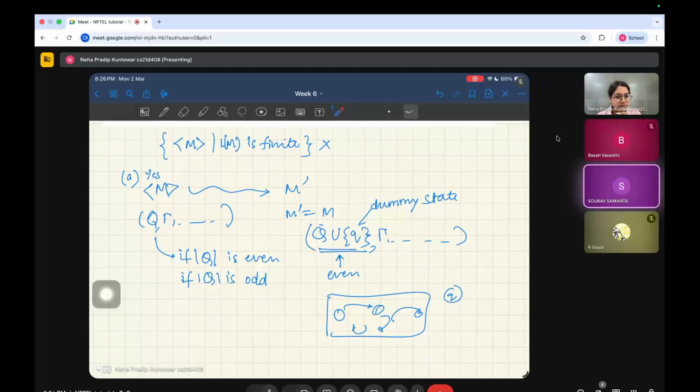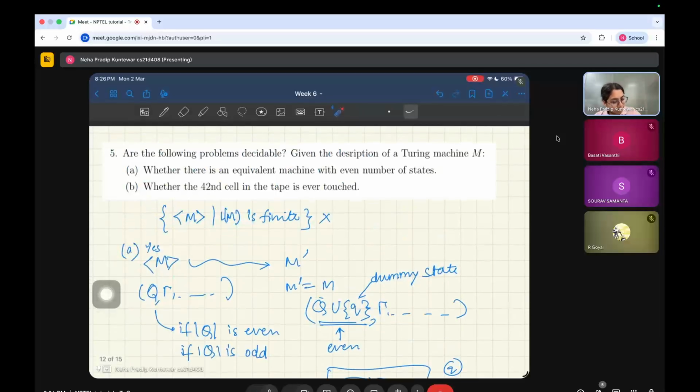Okay, fine. Right, okay. So now you have an even number of states, and the rest of the things remain the same.